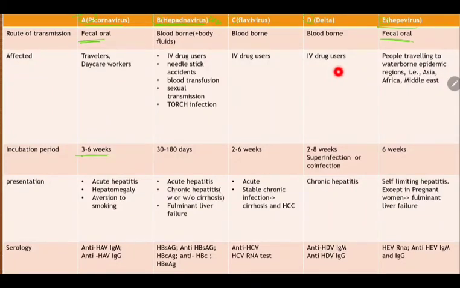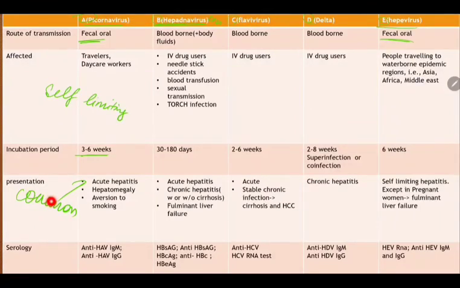It's the most common cause of acute hepatitis, can lead to hepatomegaly, and can also cause aversion to smoking. Serology finding is very important. It's a self-limiting disease. You need to know it's a self-limiting disease.